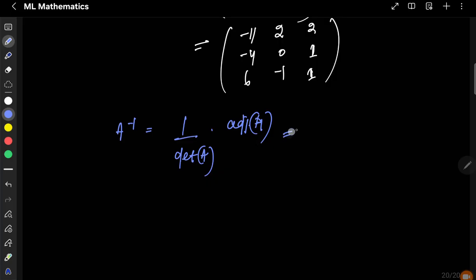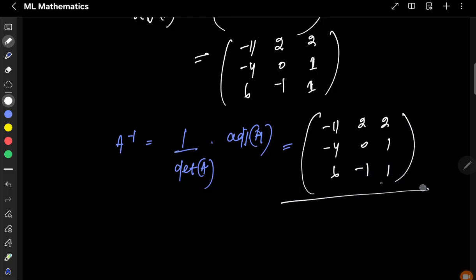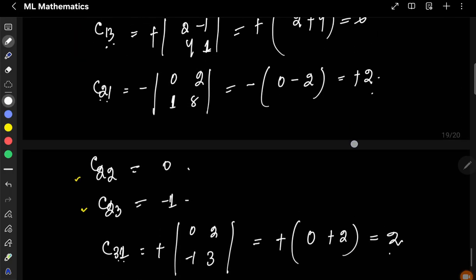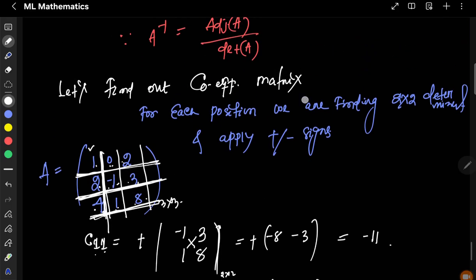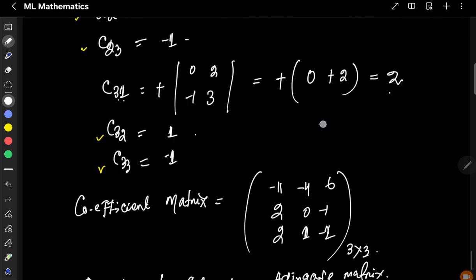Now I have the adjoint matrix, divided by the determinant of A. The determinant of A is 1.